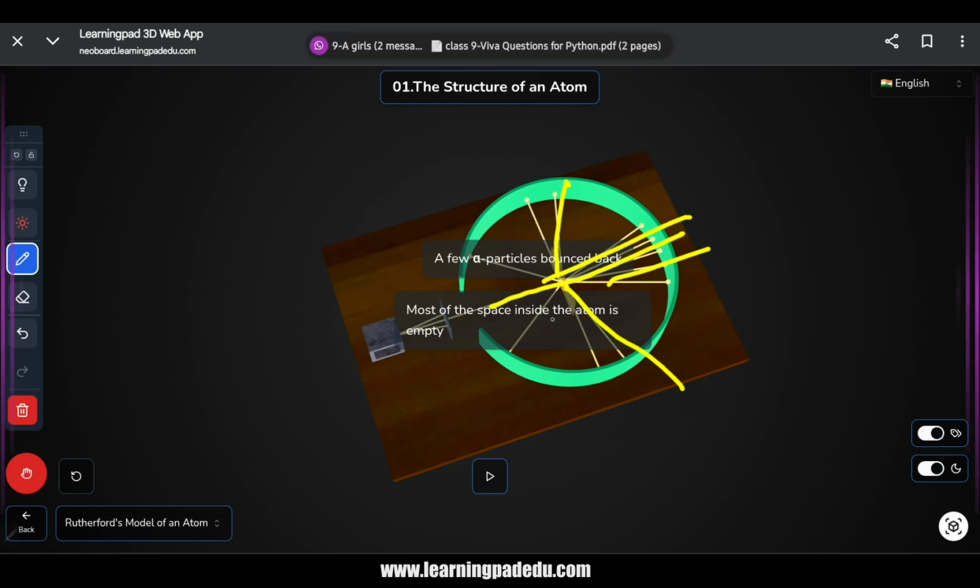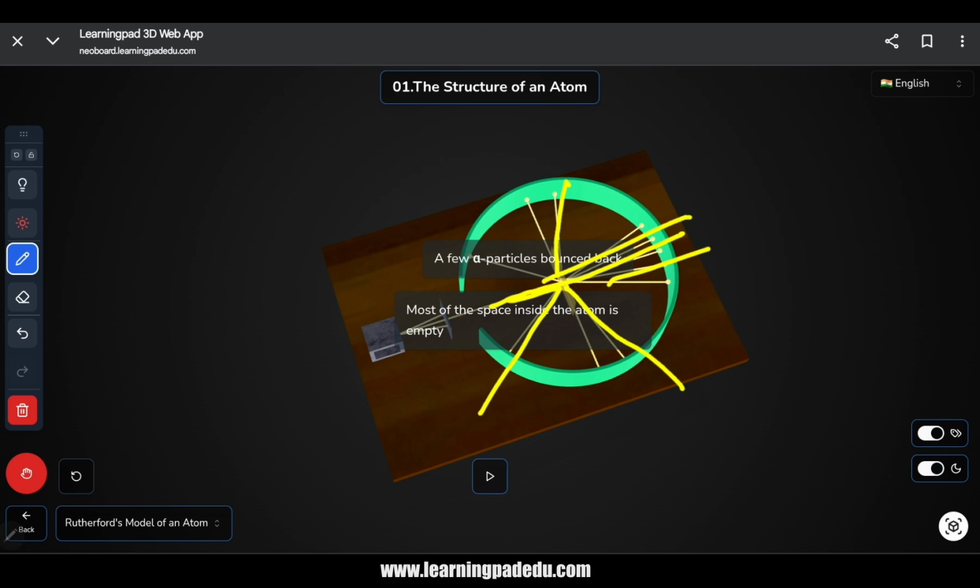And some were deflected, or you can say bounced back, at an angle. So he observed three features with the alpha particles: some moved in a straight line, some were deflected making some angle, and some were bounced back.